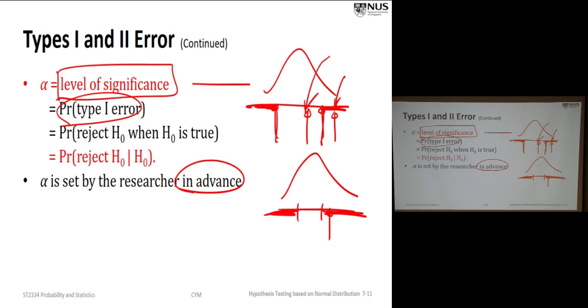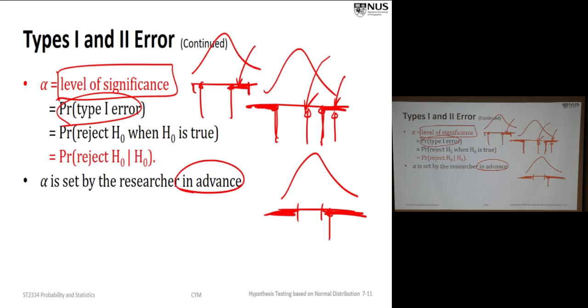But if you don't set it first, and your data, the test statistic, is here, then I set my post. I want to reject it, so I set it here. Sorry, your observed value falls in my critical region, I reject it. If I don't want to reject it, I set it here.